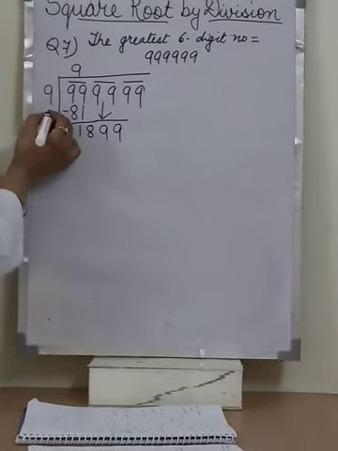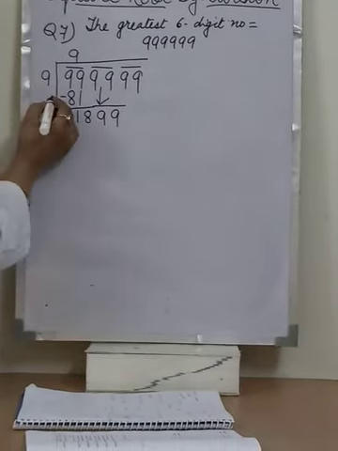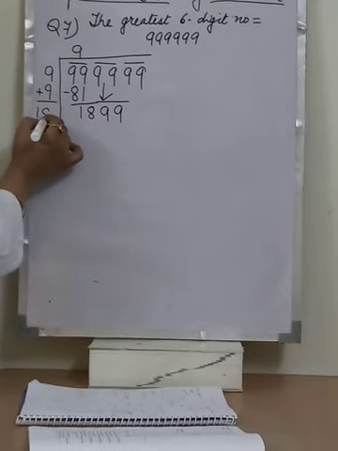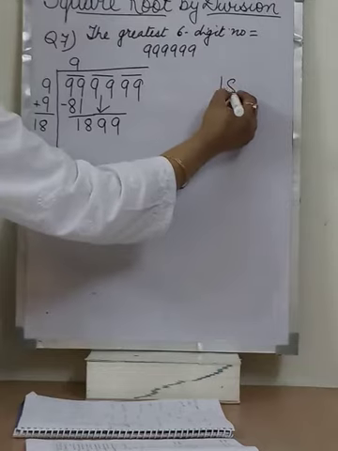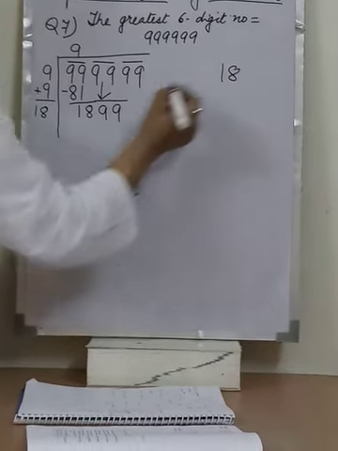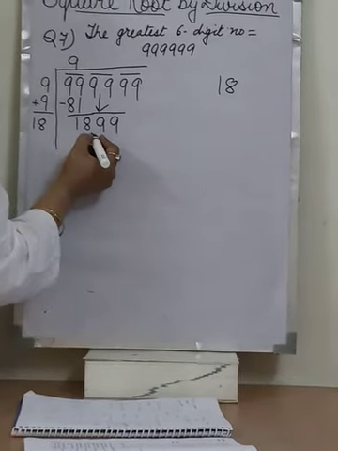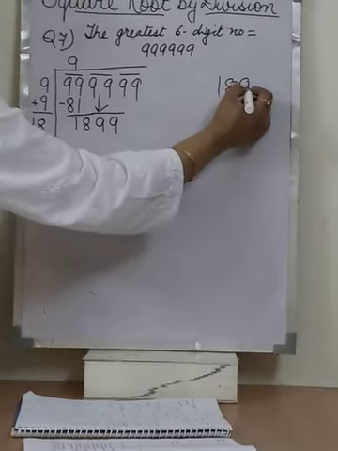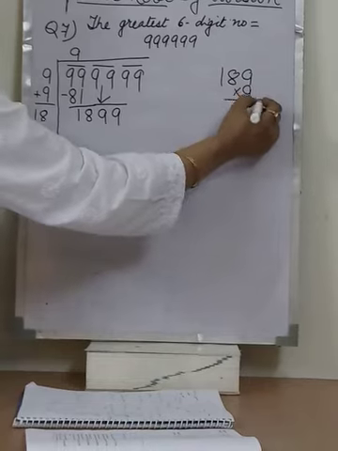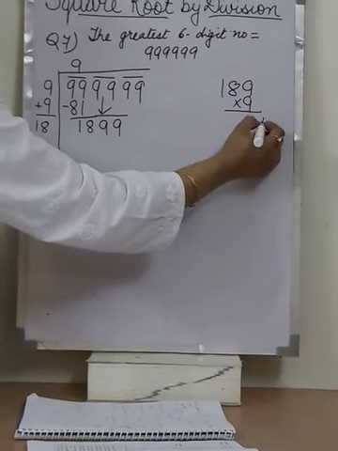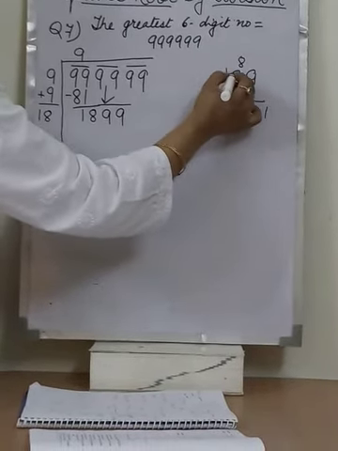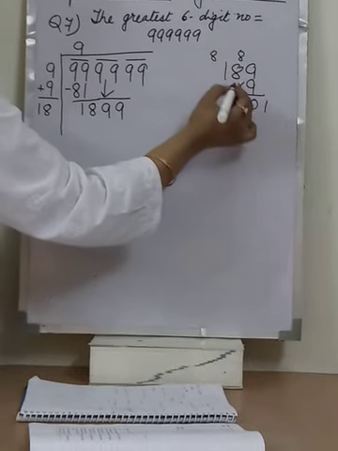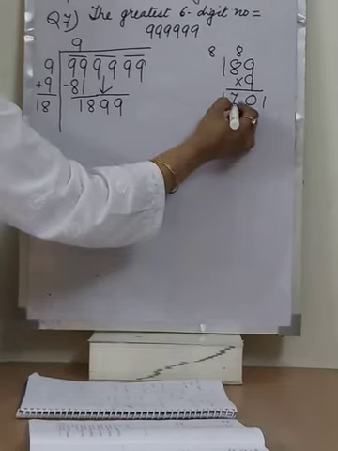The new divisor, we add 9 here. That will give you 18. Now you have to put any number in front of 18 so you reach nearest to 1899. So which is that number? 9. When you multiply it with 9, what do you get? 9 9s is 81, 9 8s is 72 and 8 is 80, 9 9 is 81, 81 and 8, 89, 9 1s is 9 and 10, 17.